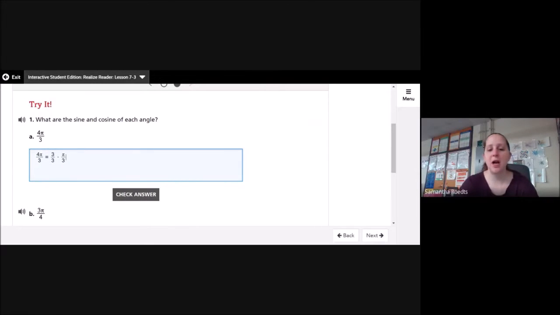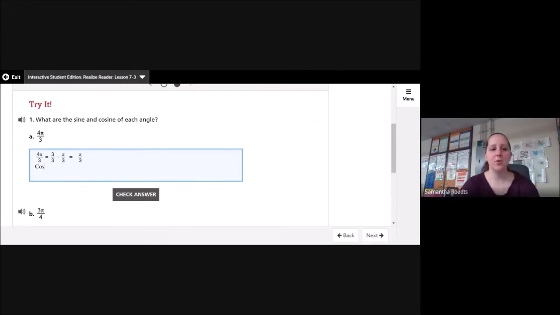So if I subtract pi from both sides, I'm left with pi over 3. This is what I'm looking for. This is my reference angle. So this pi over 3 is related to the 4 pi over 3 because I subtracted pi from it to figure out what my reference angle was.